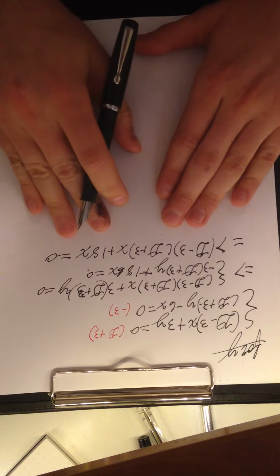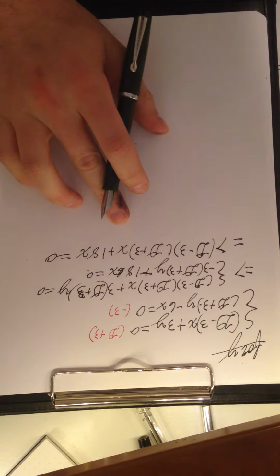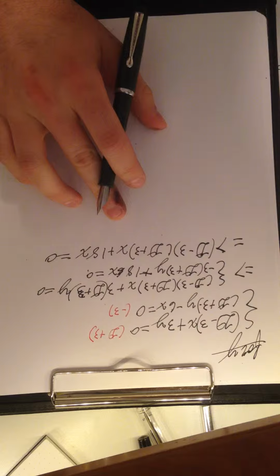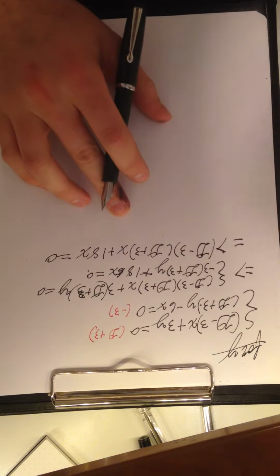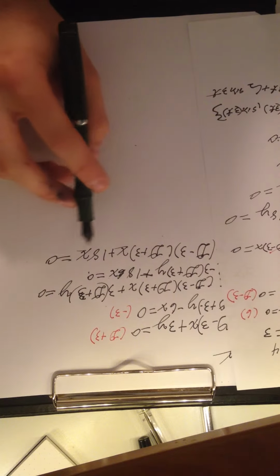And now we can see something very interesting here. It is actually equal to the same equation that we had for our other equation, the only difference is going to be our x's and our y's.